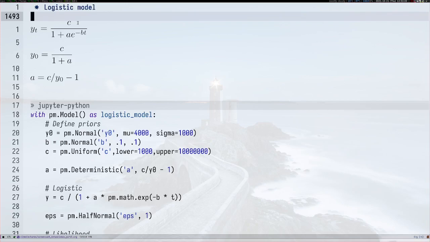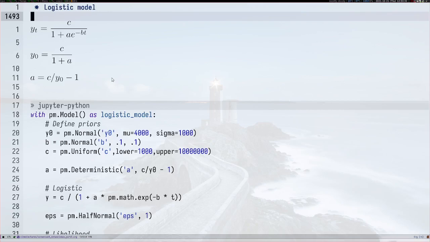Another thing to observe is that when t is equal to 0, so at the start of the modeling window, y0 is going to be equal to c divided by 1 plus a. That's what you can see over here. Although a is perhaps a hard parameter to find a prior for, we can rewrite this equation saying that a is equal to c divided by y0 minus 1.